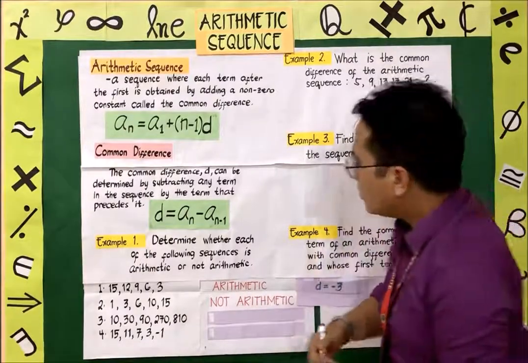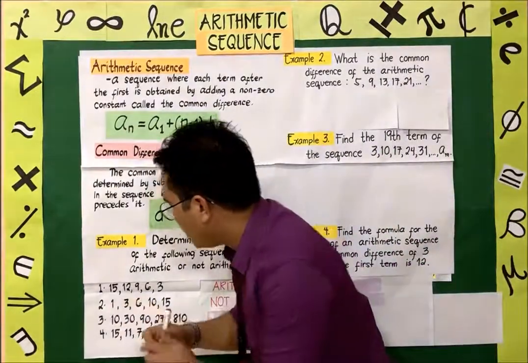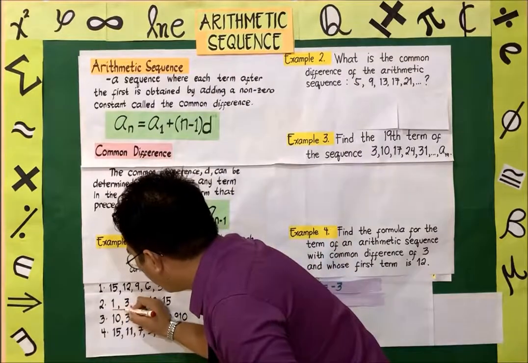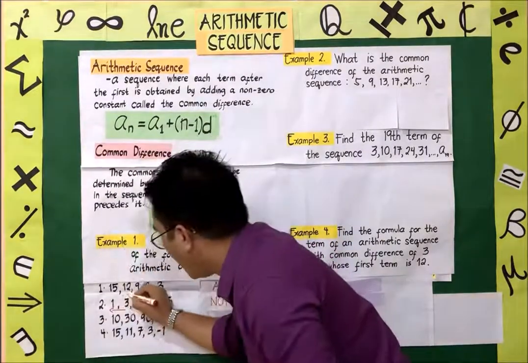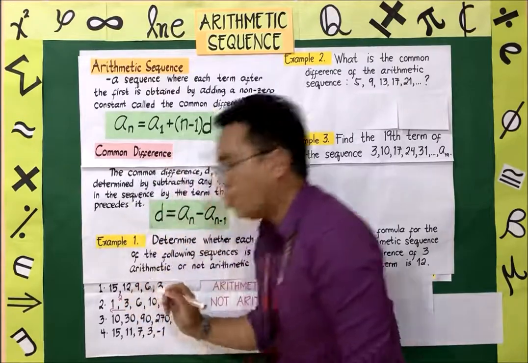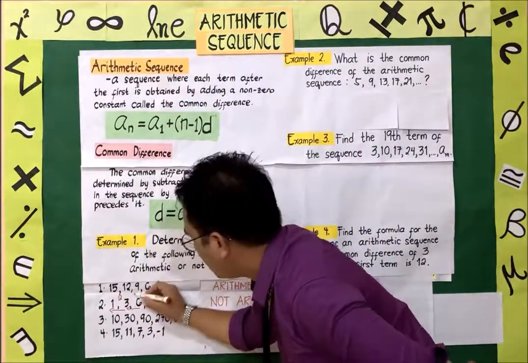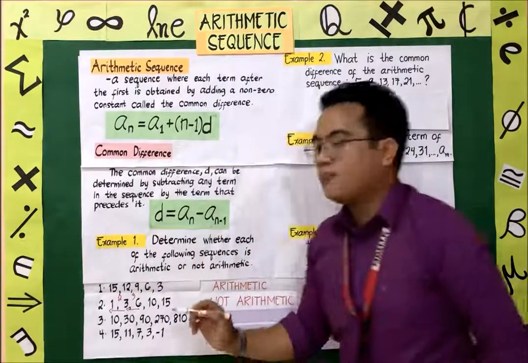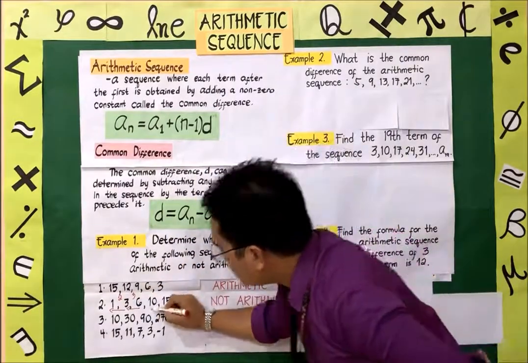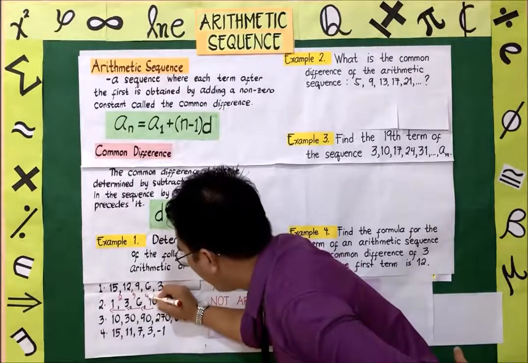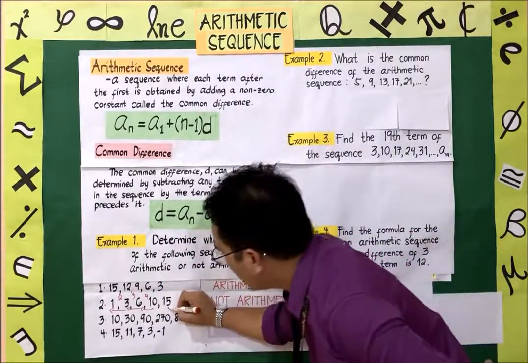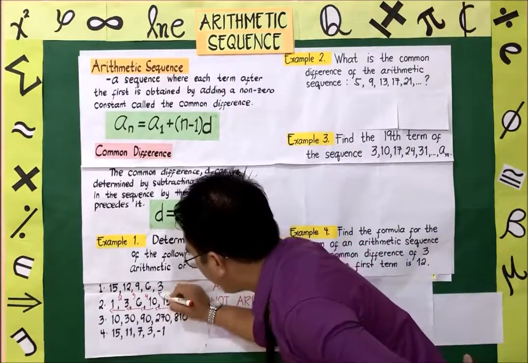Right? Why? Because dito, 3 minus 1, ang result is 2. Then dito naman, kung 6 minus 3, ang result niya is 3. Then dito, 10 minus 6, ang result is 4. Then sa 15 minus 10, the result is 5.